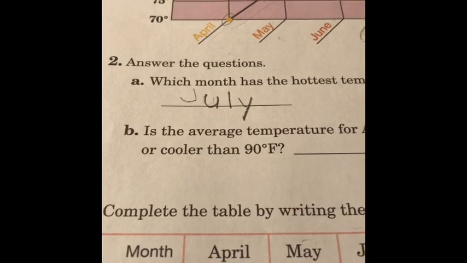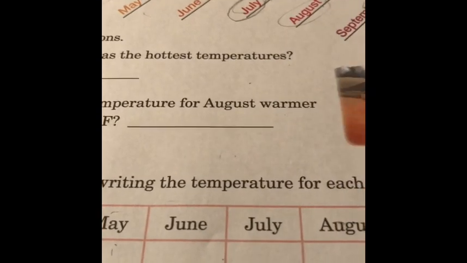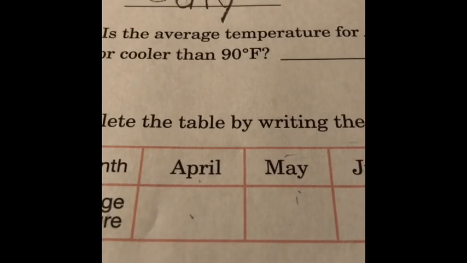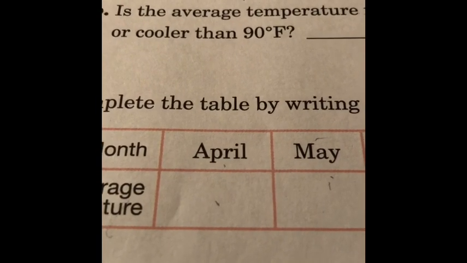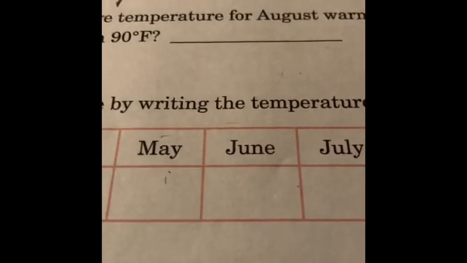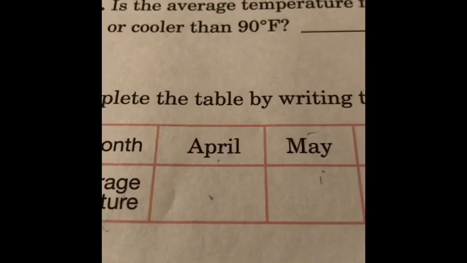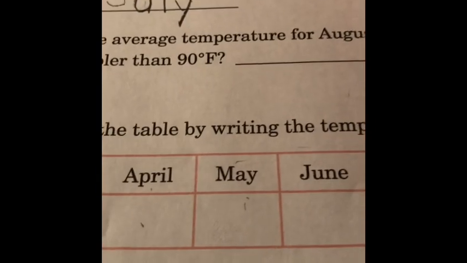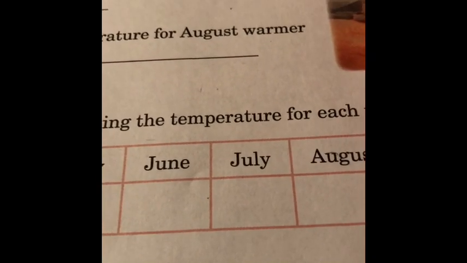Let's go to B. Is the average temperature for August warmer or cooler than 90 Fahrenheit? So we want to look up here again and find August. Find the average temperature for August.